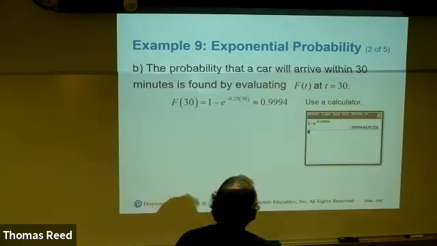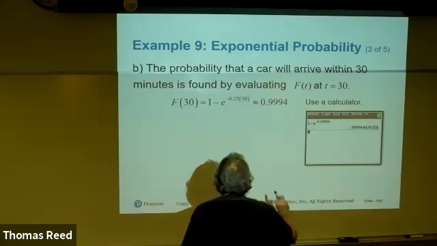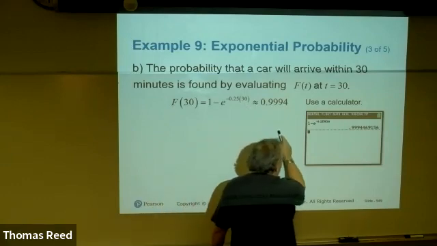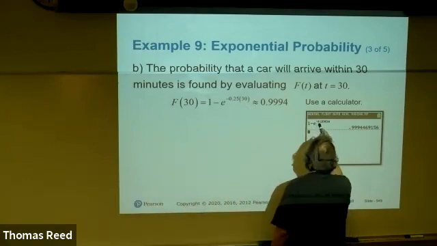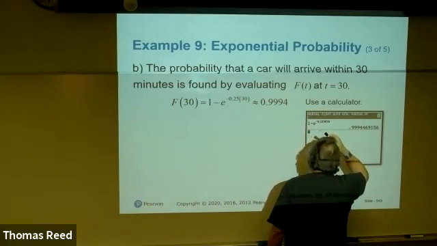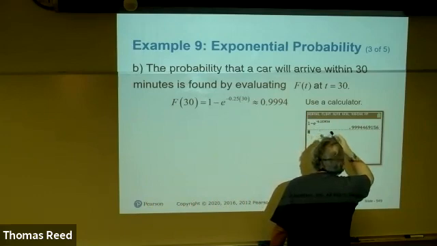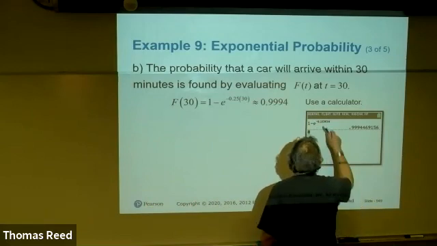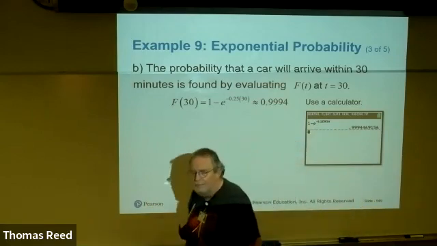So you replace the T with a 30. So this is going to be e to the negative what? 7.5, I think. 3 times... yeah, that's going to be a negative 7.5.